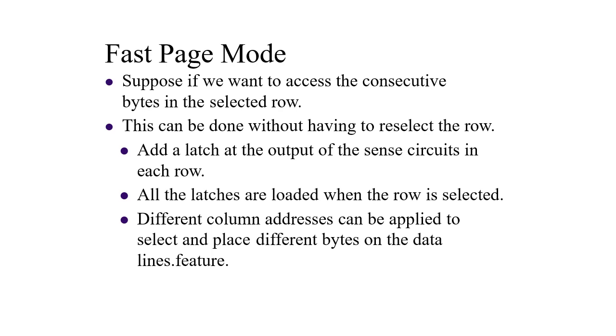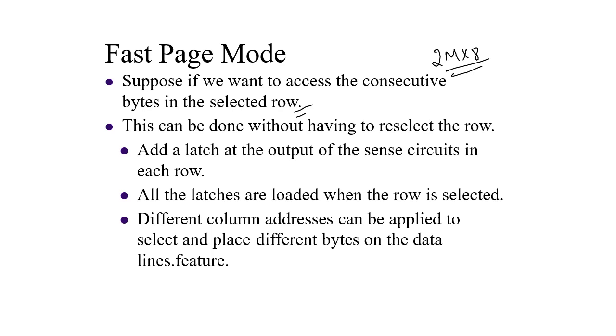As per the discussions in our previous slide, we have discussed how individual byte of data can be accessed in a 2 mega into 8 bit DRAM cell. Suppose we want to access the consecutive bytes in a selected row.